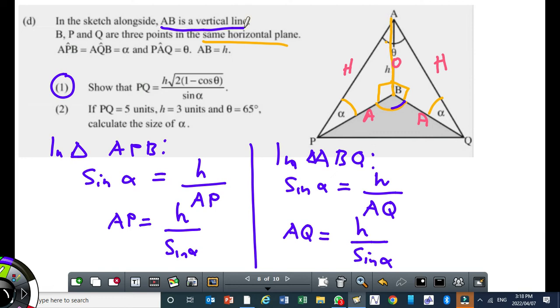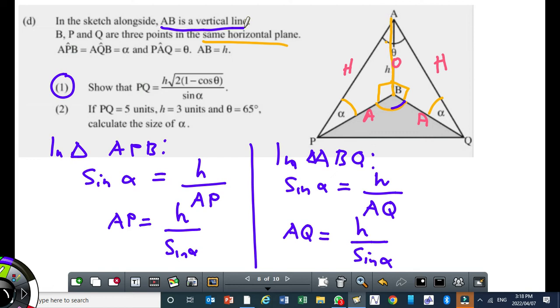So the angle between me and the floor is supposed to be 90 degrees. So if you have a vertical plane and a horizontal plane, the angle between them will be what? 90 degrees. Right? So we are here now.